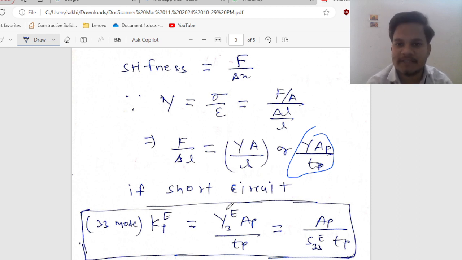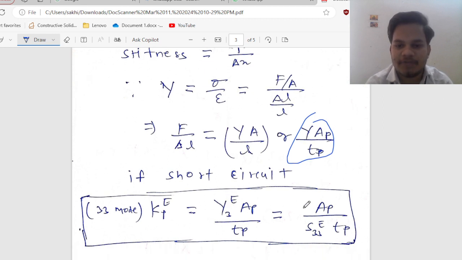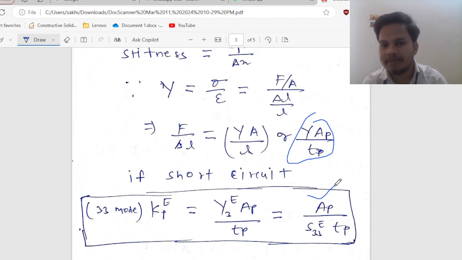This is the typical formula we use in our calculation for the stiffness, because the natural frequency is the square root of k by m, so we put the k value from here. It is very important to know the formula of the stiffness value, because the mass is given, right? So this is the typical stiffness value.